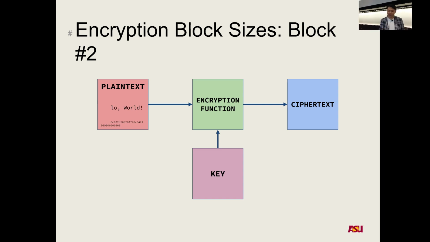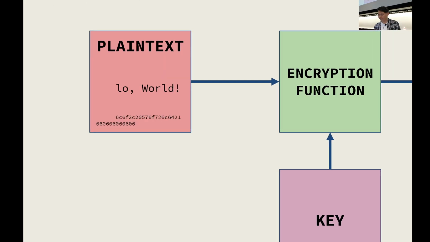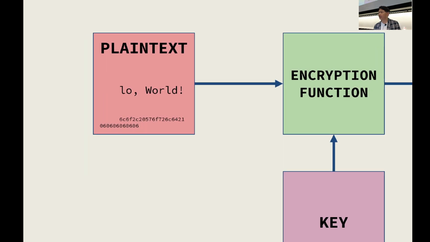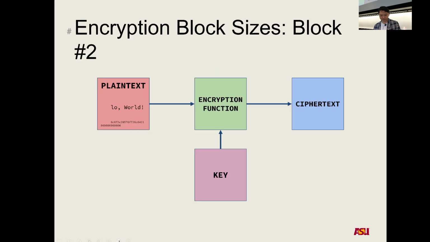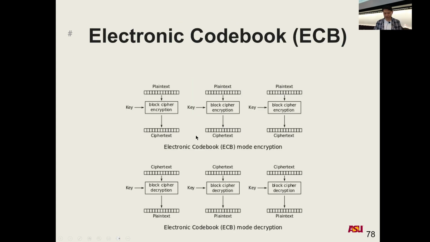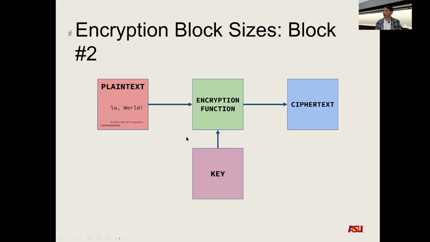This is a size of 10. And how many pad bytes do I need? Plus 6, right? As you can see, the pad is 6, right? So this second block will be processed. That is the way to encrypt in AES.